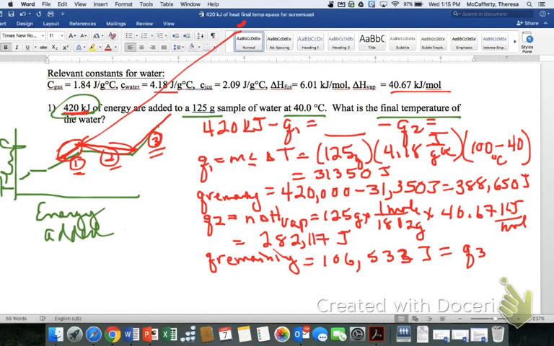So I'm going to figure out how I can do this without running out of room. Rearranging Q equals mc delta T for delta T, delta T is going to be equal to Q over mc.